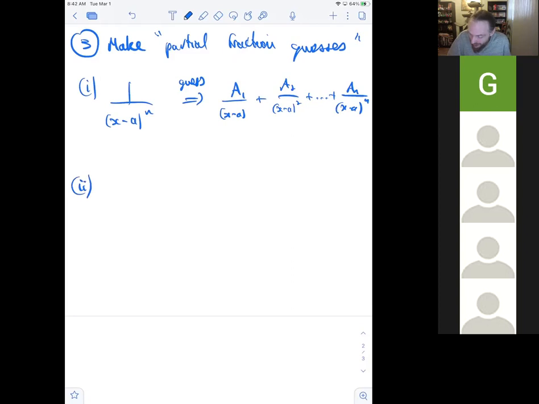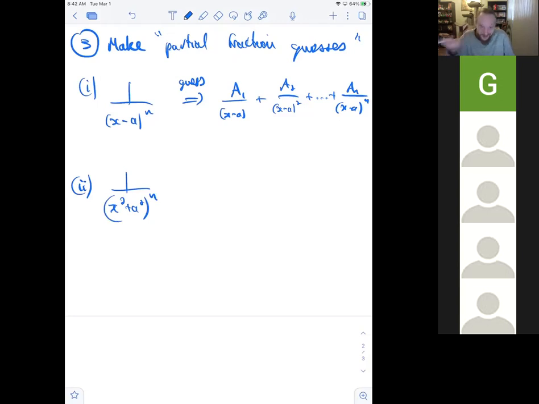For irreducible quadratics, let's put it like this. Once we complete the square, we're going to have to do this in there. There's a little thing that they don't point out.